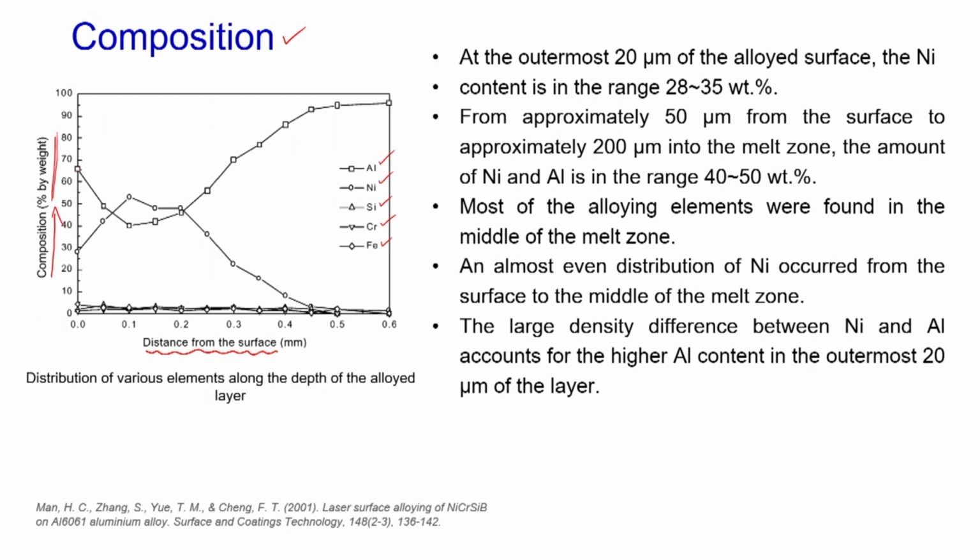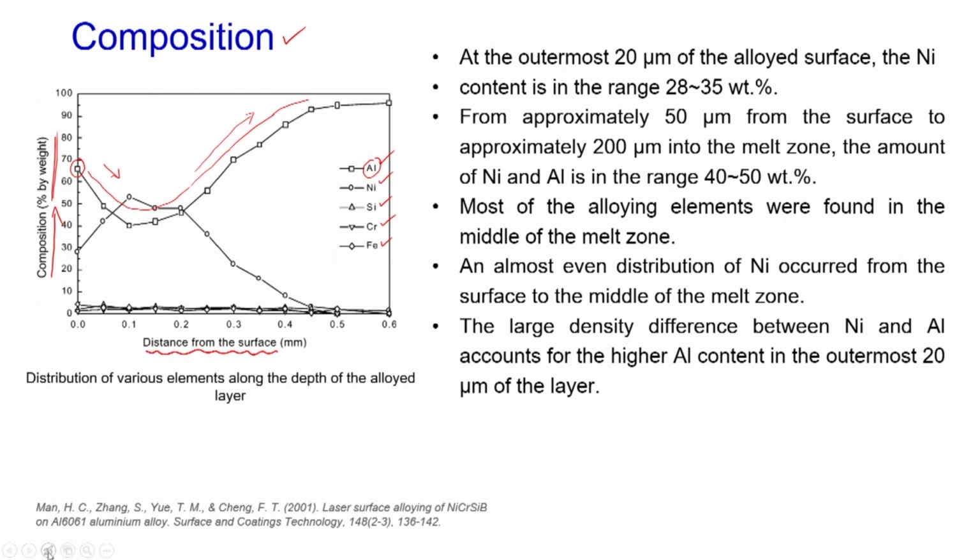At the top surface it was about 65 percentage, and as we move along the thickness direction, the aluminum percentage is reduced and then it is increased. Here it is very interesting, as there is reduction in the percentage of aluminum, there is increase in the percentage of nickel as well.